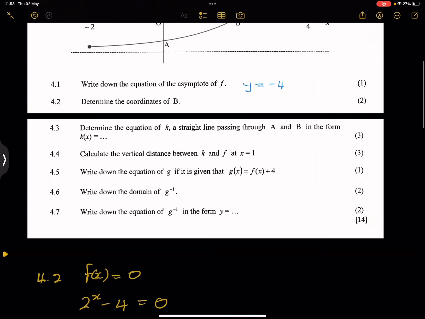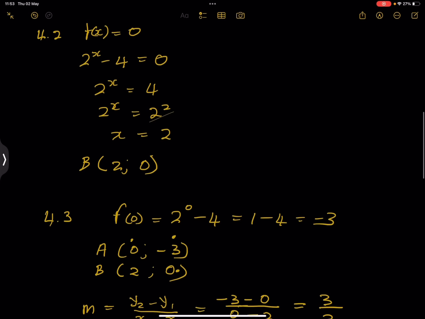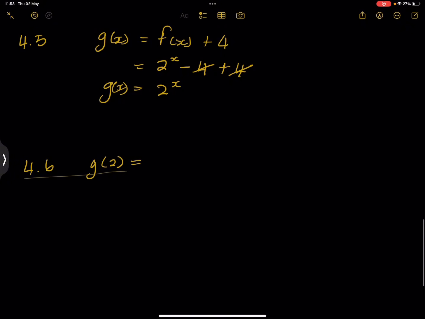Our graph starts at negative 2 all the way till 4. G of negative 2, what will it be? So 2 to the negative 2, this will be 1 over 4. And what about g of 4? This will be 2 exponent 4, and this will be 16.